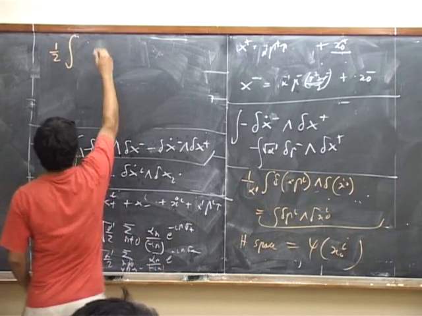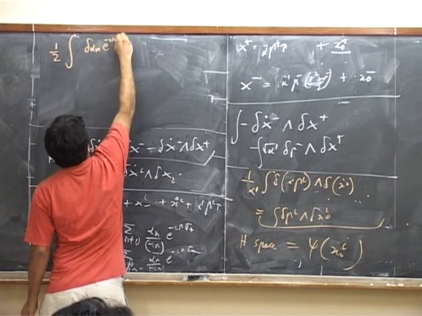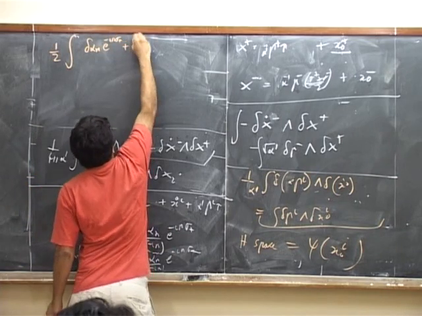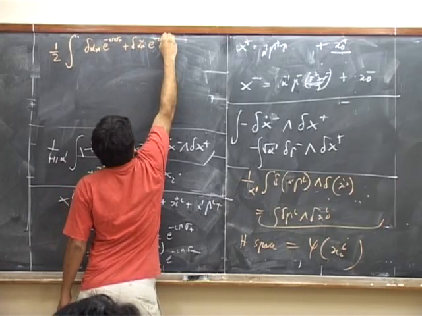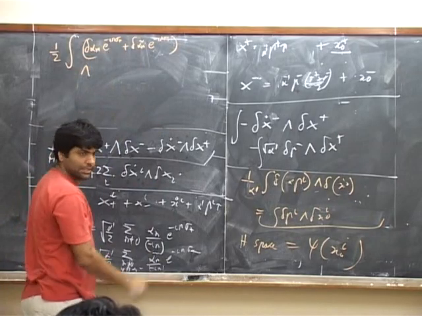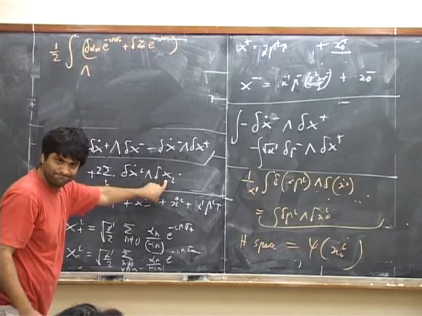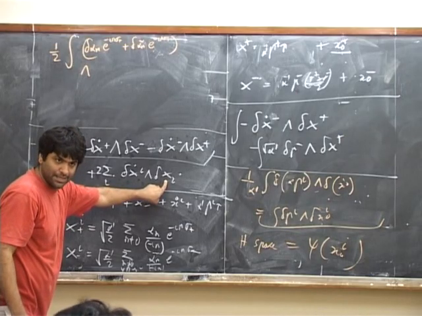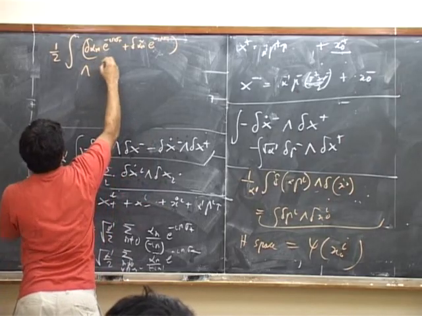So the dot part is delta alpha n e to the power minus i n sigma plus delta alpha n tilde e to the power minus i n sigma minus, wedge, and then there's apart from delta x, not delta x dot, this term.